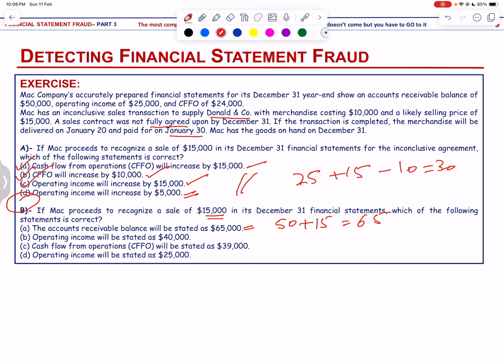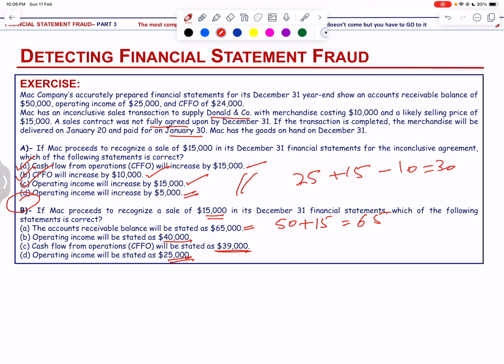Operating income will be stated as 40,000, that is incorrect. Cash flow from operations will be stated as 39,000, that is also incorrect. And operating income will be stated as 25,000, so this is also going to be incorrect.